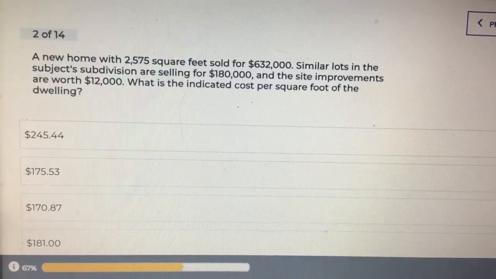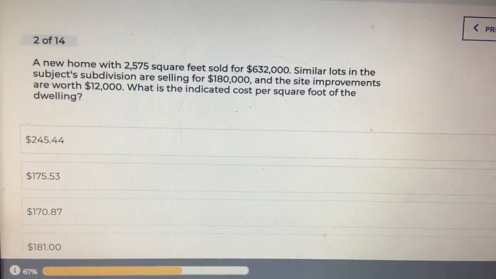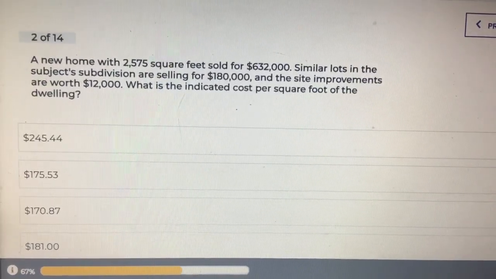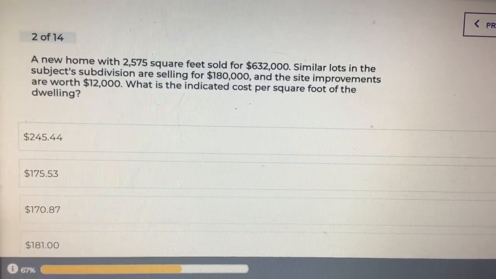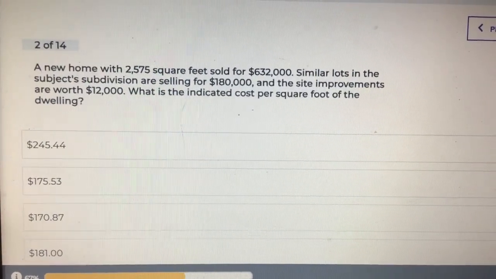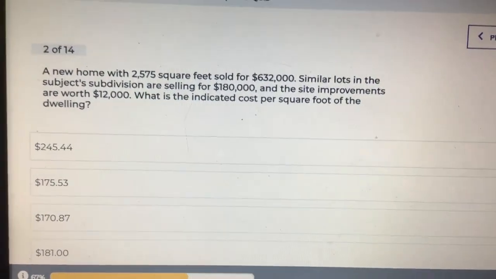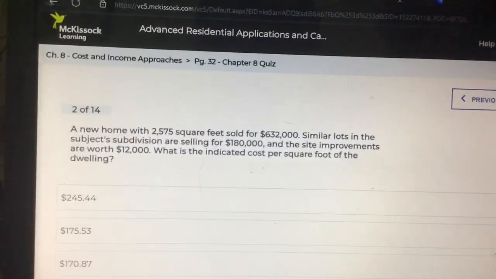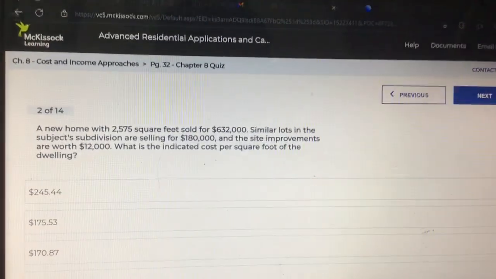A. $245.44. B. $175.53. C. $170.87. Or D. $181. So we're going to get our calculator out.